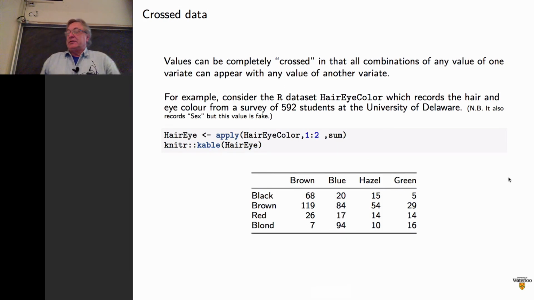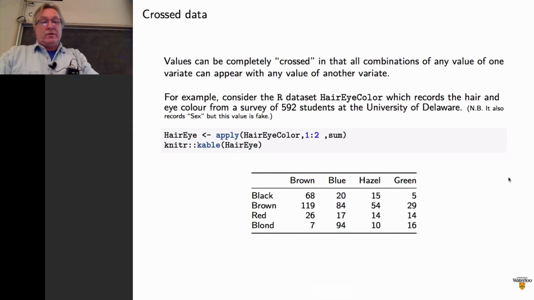All right, let's just start on cross data. So now what have we done? We've got marginal data, hierarchical data, and then these intersection counts using a Venn diagram, and now cross data. What I'm thinking about here is that I've got two variates.